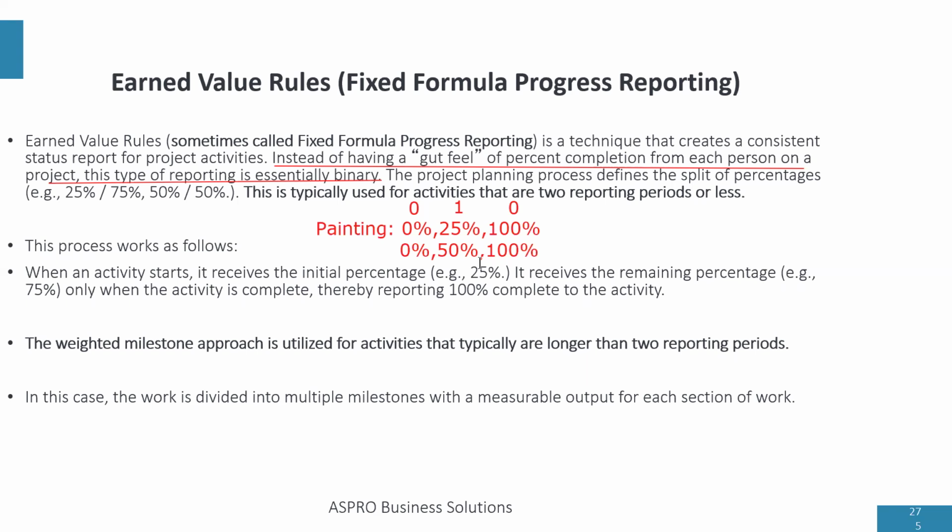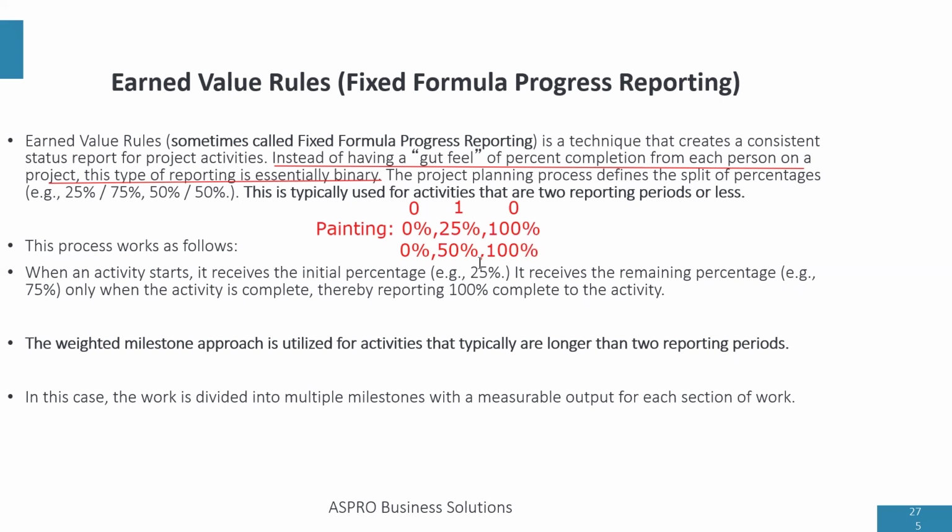That sounds crazy, doesn't it? So the percentages at the beginning do not really matter, right? Because if I start a task and say I'm 50% complete, then you should raise your eyebrows. How did you get there?